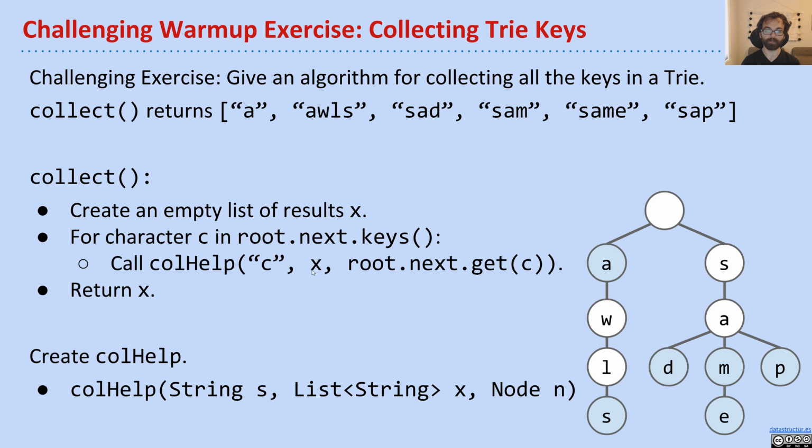I will pass along my results list, and I will also pass along the node corresponding to that letter. So I'll get this node here. And then we'll return x when we're done. So now the challenge for you is to write the collector helper function and do it in pseudocode. Not real Java, just something kind of like what I have on the slide.